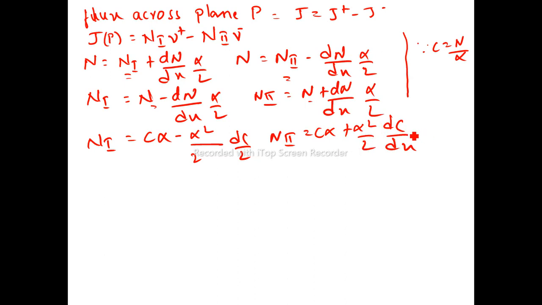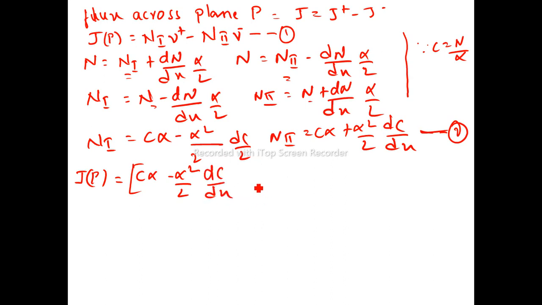Substituting these two values, equation 2 in equation 1, we get C alpha minus alpha square divided by 2 dC by dx, into gamma plus, minus C alpha plus alpha square divided by 2 dC by dx, into gamma minus.